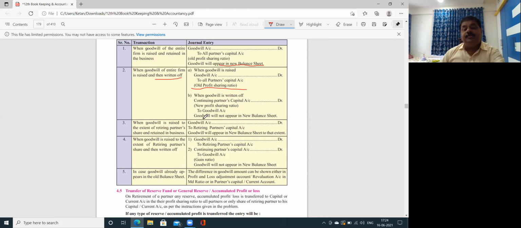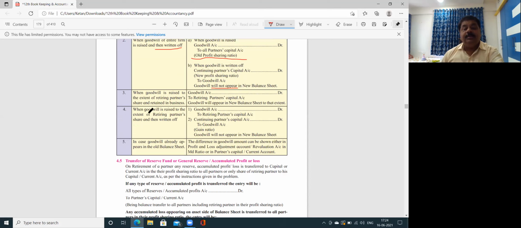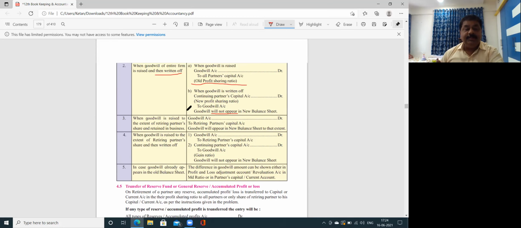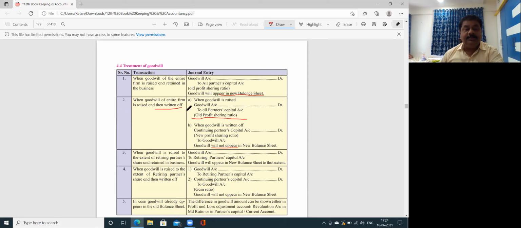Now in this case, goodwill will not appear in the balance sheet. New balance sheet में goodwill आने वाला नहीं है. Now the case number 3. When goodwill is raised to the extent of the retiring partner's share and retained in the business. What is the difference between number 1 and 3?